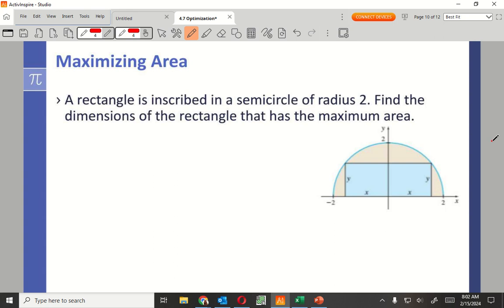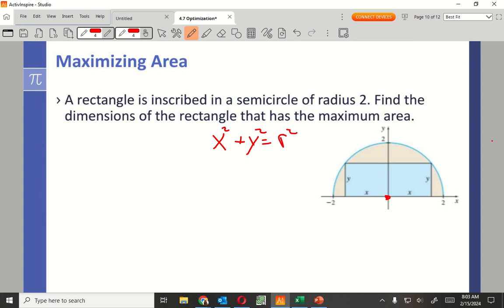So what I'm going to do is take the equation of the circle. The origin is at 0, 0, so that's going to be x squared plus y squared equals r squared. Since the origin is at 0, 0, the center of the circle is not moving anywhere.